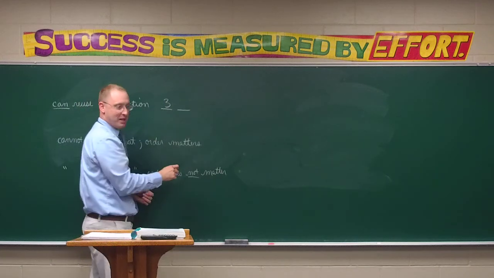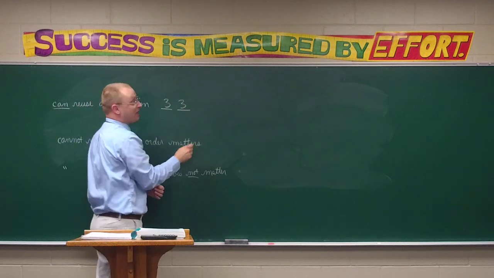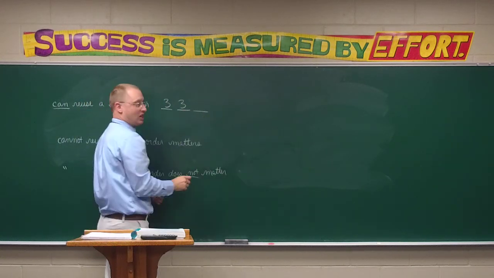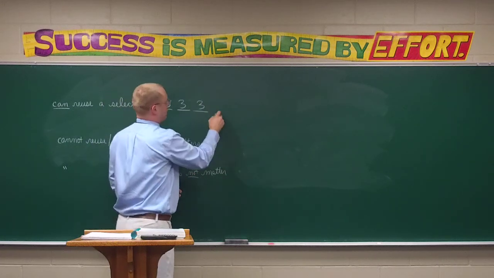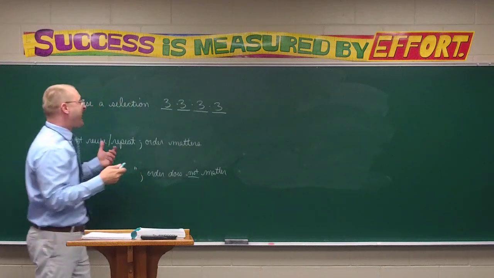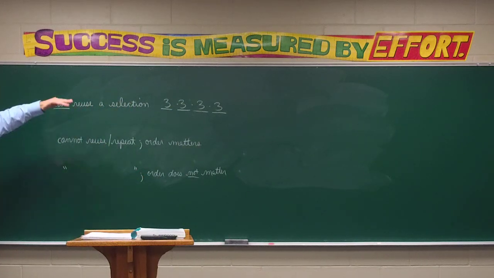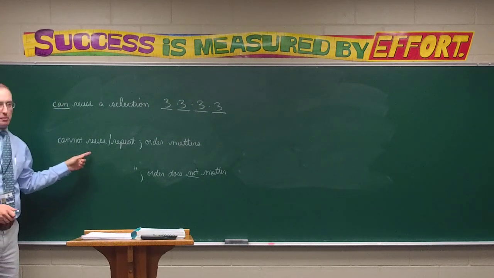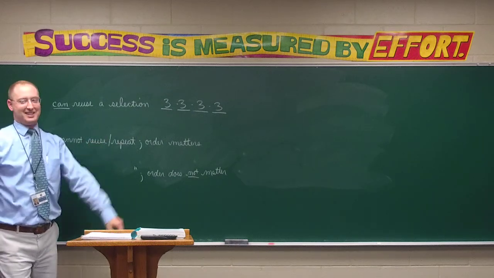For the second job, there are 3 people who could do it, because a person could do both. For the next job, still 3, and for the last job, still 3. So if a person can do all the jobs, we just use basic counting. That's just multiplication.